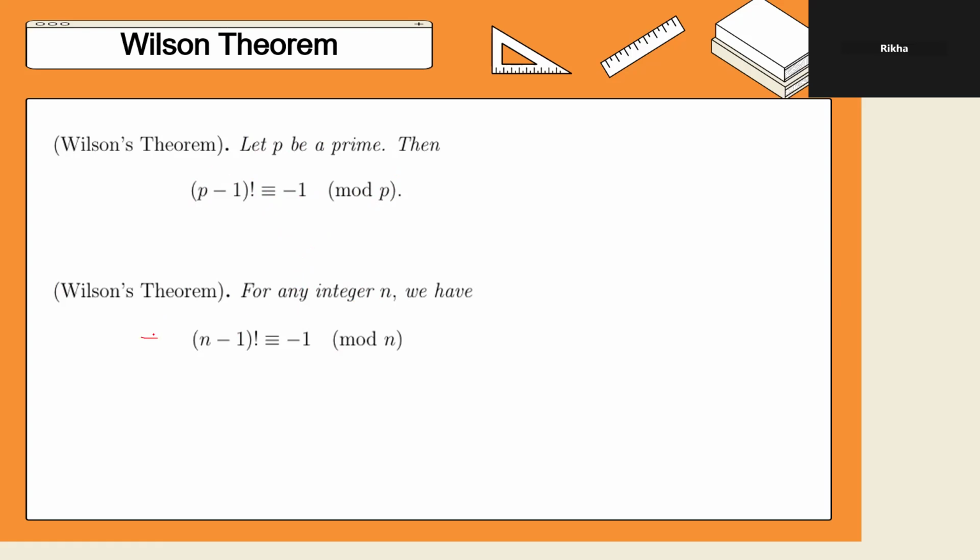So we can use this instead: for any integer n, n minus 1 factorial is congruent to -1 modulo n. This is going to be helpful whenever you have a factorial in your congruence. So if you have a factorial, you know this is the time to use Wilson's theorem. The keyword is the factorial operator right here.